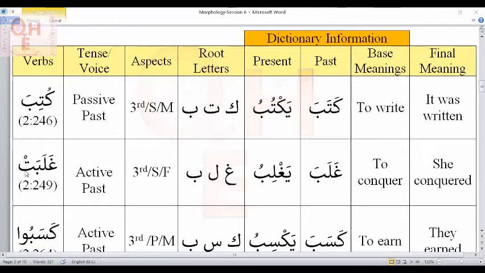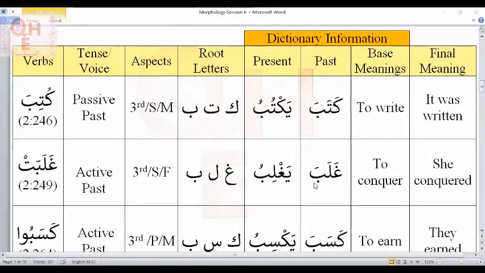If I exclude the ta sakina, I get ghain, lam, ba as the root letters. When you enter these root letters in this sequence, of course, you get the transliteration in the dictionary of the past tense pattern. You get ghalaba.